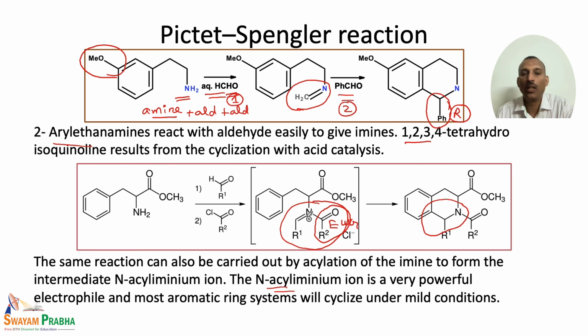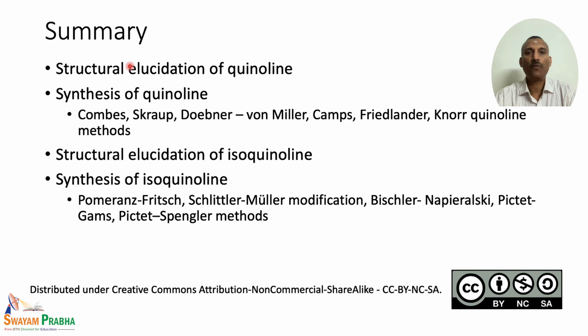So, when this becomes highly electrophilic, the pi electrons, the double bond from the aromatic ring, can easily attack this electrophilic nitrogen. So, that leads to the cyclization, and this is another method by which we can prepare the isoquinoline derivatives efficiently.